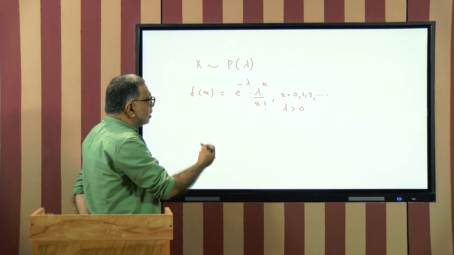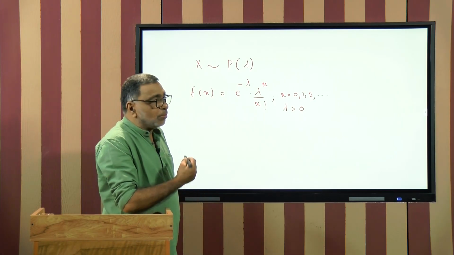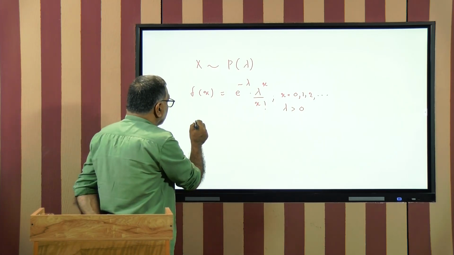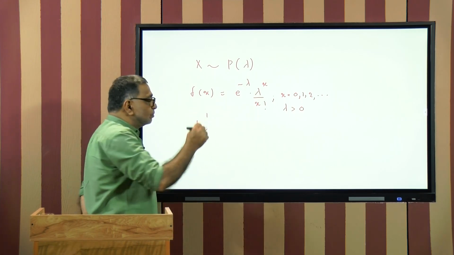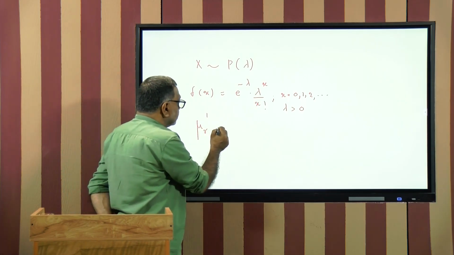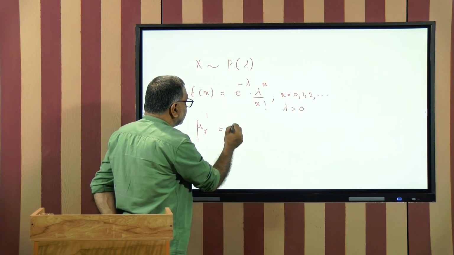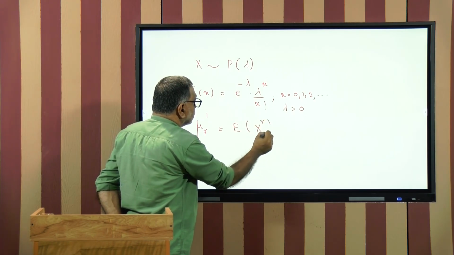And now we are deriving a recurrence relationship between arbitrary moments of the distribution. Let us consider the rth arbitrary moment denoted by mu r dash. We know mu r dash is the expectation of x power r.